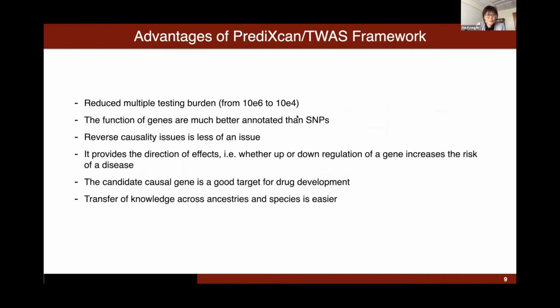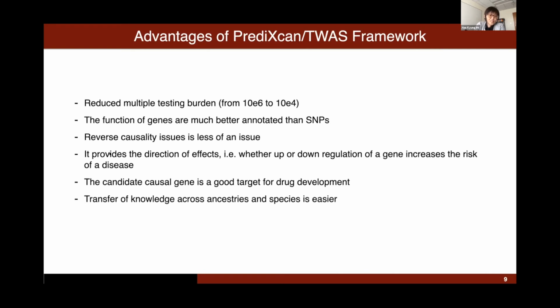So summarizing quickly, what are the advantages of this PrediXcan or TWAS framework? We have much reduced testing burden. Instead of testing millions of SNPs, we are testing about 20,000 genes. The functions of genes are much better annotated than SNPs. We don't have as much the issue of reverse causality because we are looking at the genetic component of gene expression rather than the actual gene expression levels.